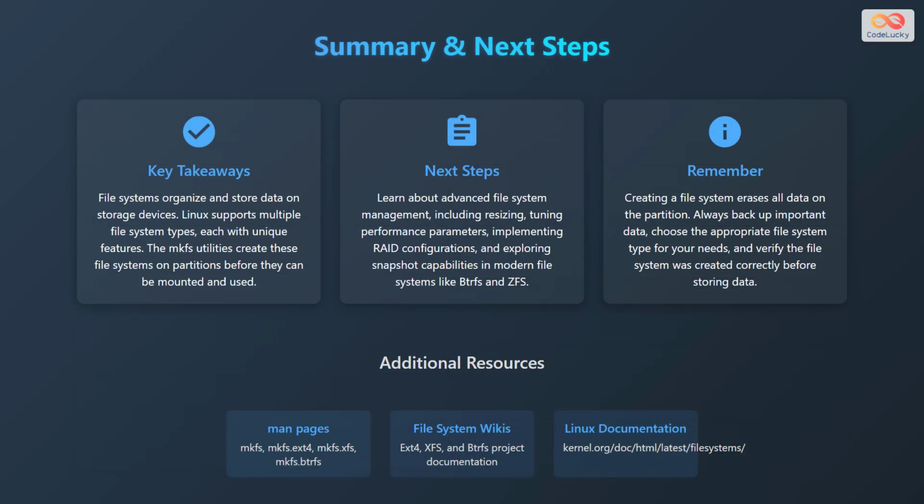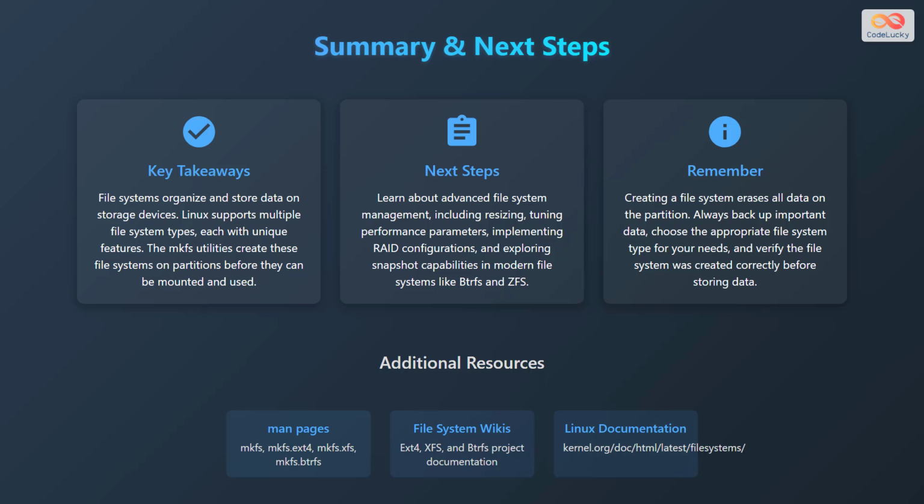In summary, file systems organize and store data on storage devices. Linux supports multiple file system types, each with unique features. The mkfs utilities create these file systems on partitions before they can be mounted and used.